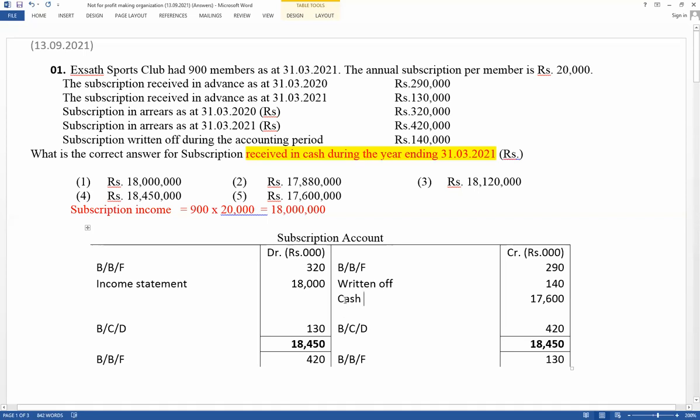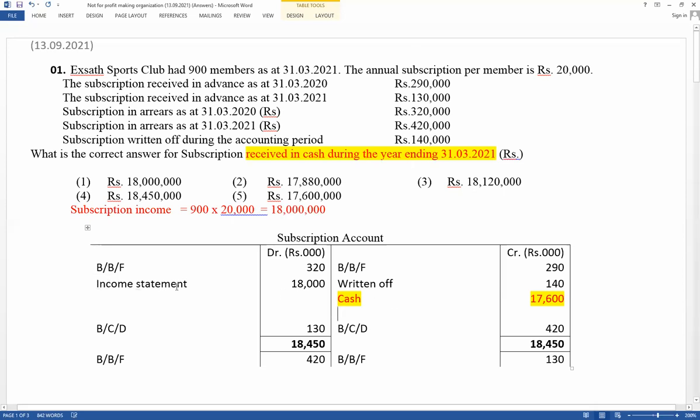Now there's subscription received in cash. Therefore, think cash received amount how much? Think how to calculate for the year value also. As an income, you have to consider number of member into membership fee based on accrual concepts. Then this is a value received in cash. Therefore, there's subscription received in cash. Think how to record financial statement, those kind of information.